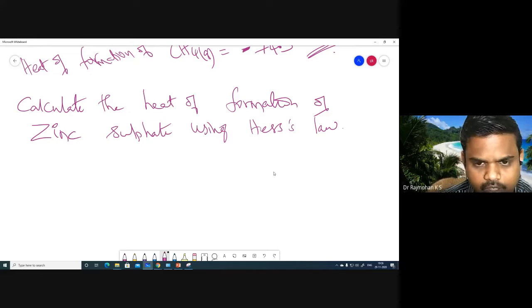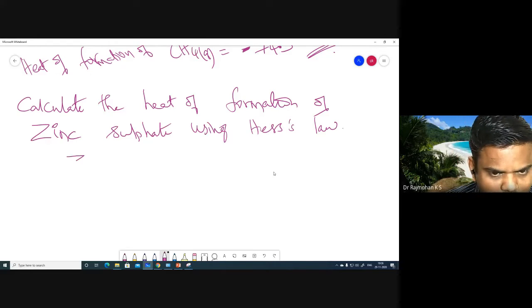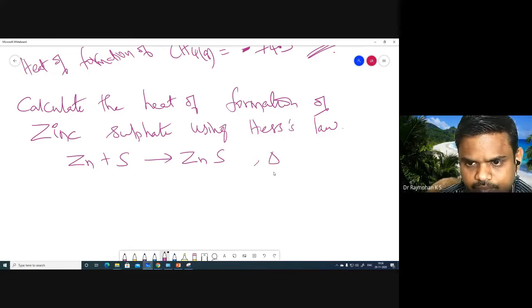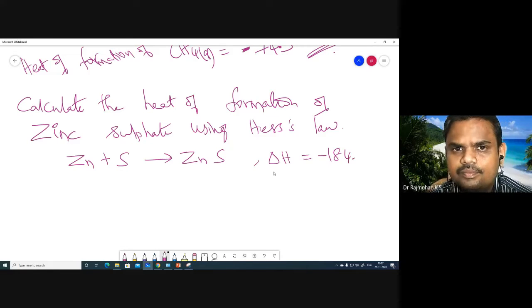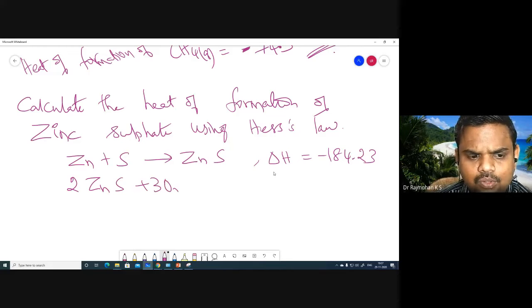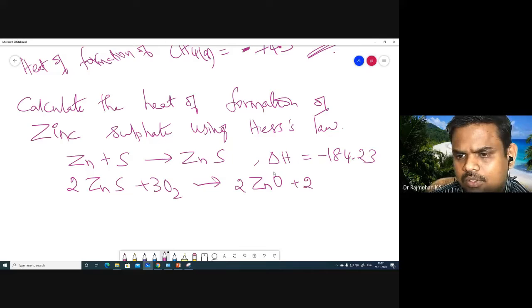There are some reactions given. Please write zinc plus S giving zinc sulfate. Another reaction is given: 2 zinc sulfide plus 3 O2 gives 2 zinc oxide plus 2 SO2.